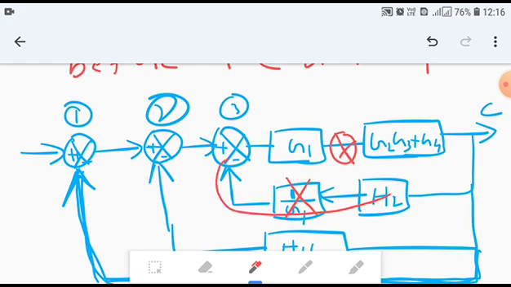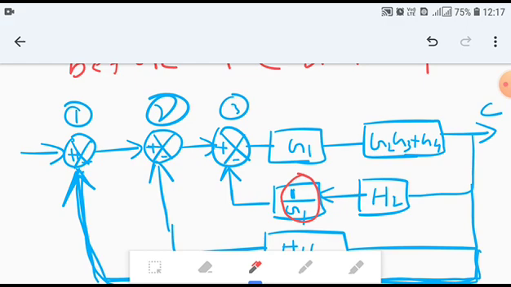When the signal comes like this, the G1 gain will be added to H2, which is not correct. So we are adding 1 by G1 so that the effect of G1 coming into H2 because of shifting the summing point ahead of G1 will be nullified. So we are adding this new block of 1 by G1.